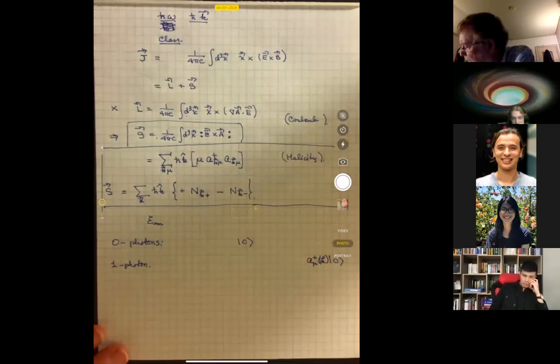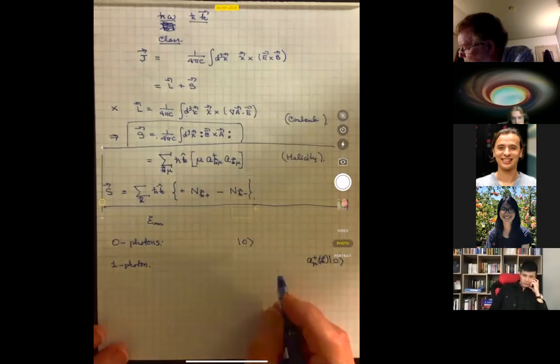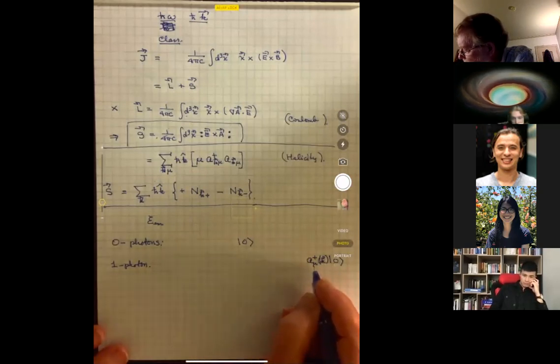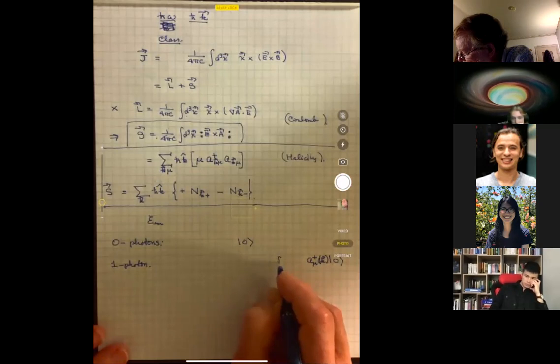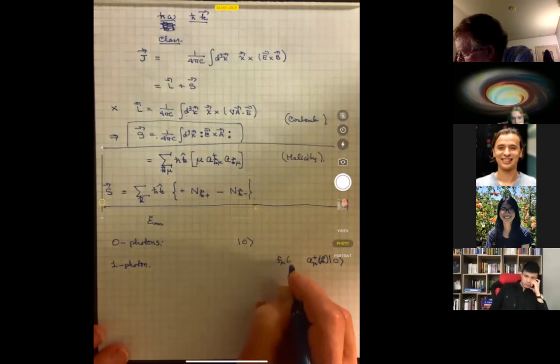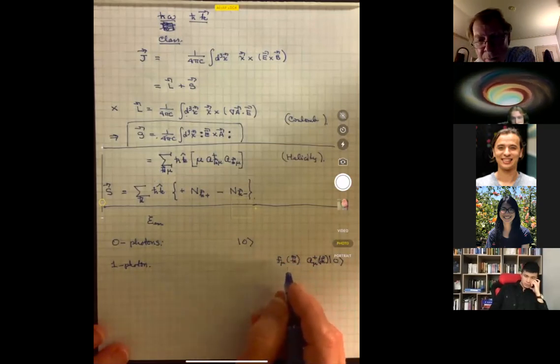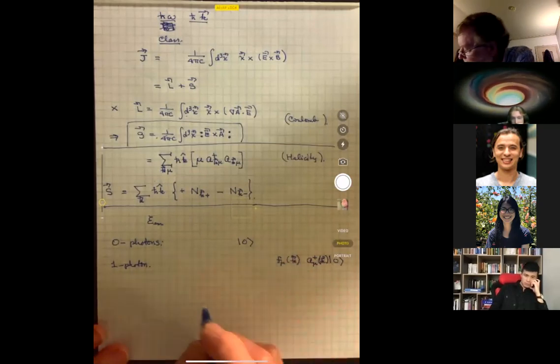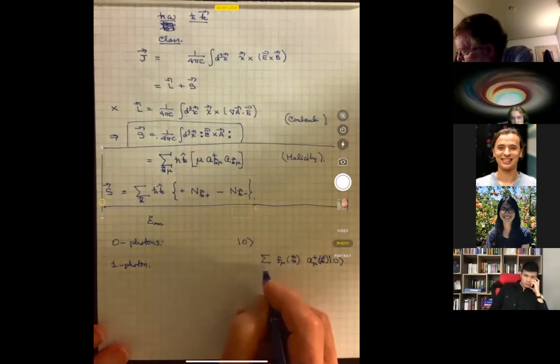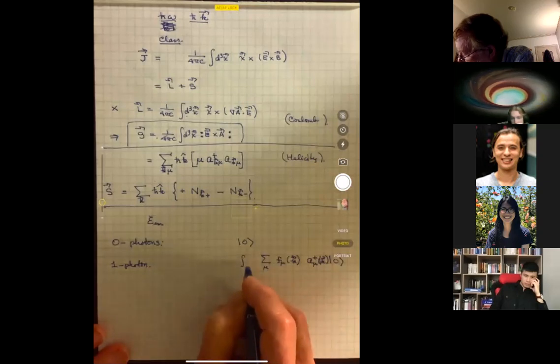To create a normalizable state, we need to form linear combinations of this. So the parameters are both mu and k. Let me introduce coefficients that depend on mu and k. Let me call them f. So f is some function of mu and k, a general complex function of mu and k. And then let's sum this on mu and integrate over k in order to form an arbitrary linear combination.